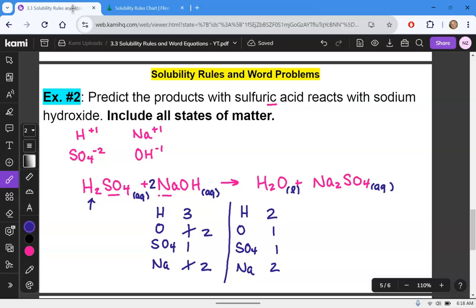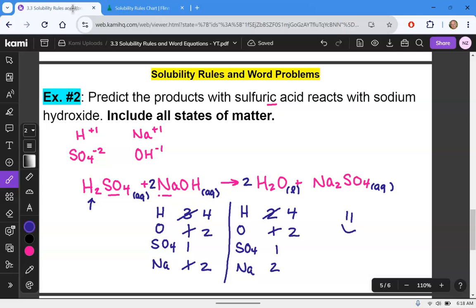So 2 plus the existing 2 makes this 4. Okay, so everything's balanced except for our hydrogen and oxygen. On the right-hand side, I'm going to put a 2 right here. 2 times 2 makes that 4. 2 times 1 makes that 2. And we are balanced.